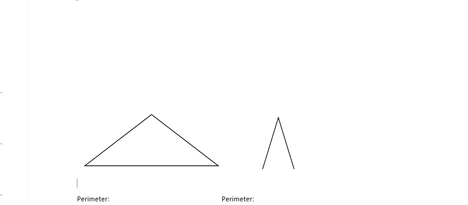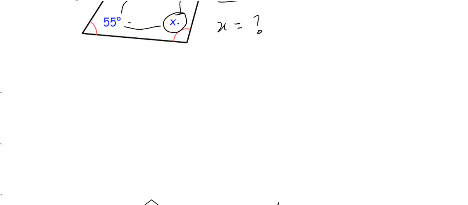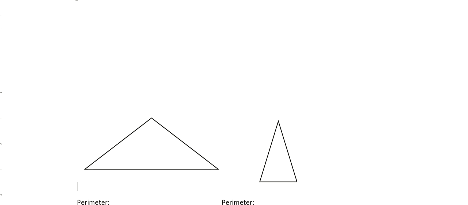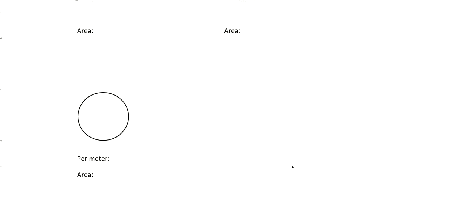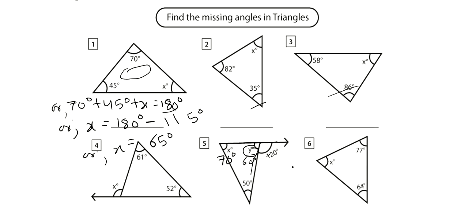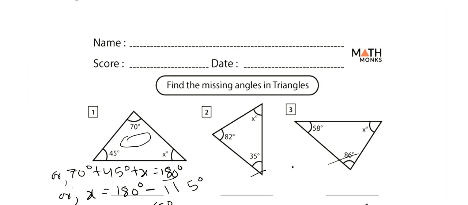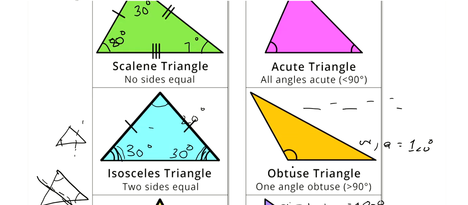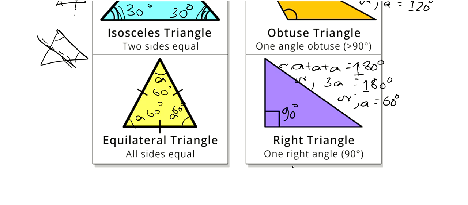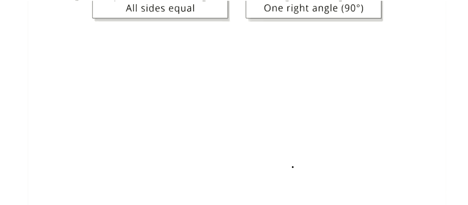Now, that should be it for this video. In the next video, I'm going to talk about perimeters and area of different shapes. Let's rewind what we learned in this class. We learned about the different types of triangles: scalene triangle, isosceles triangle, equilateral triangle, and right angle triangle.